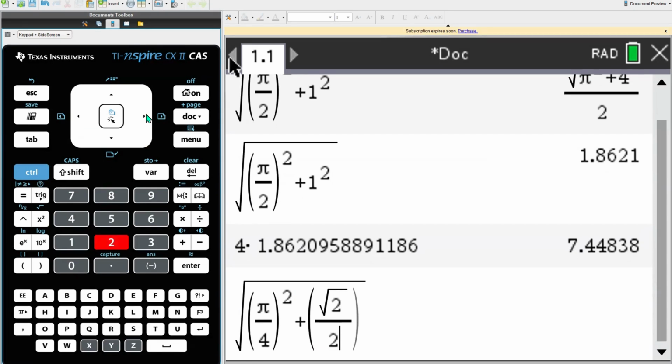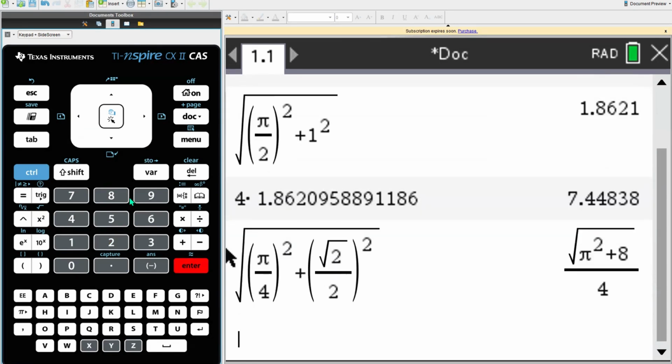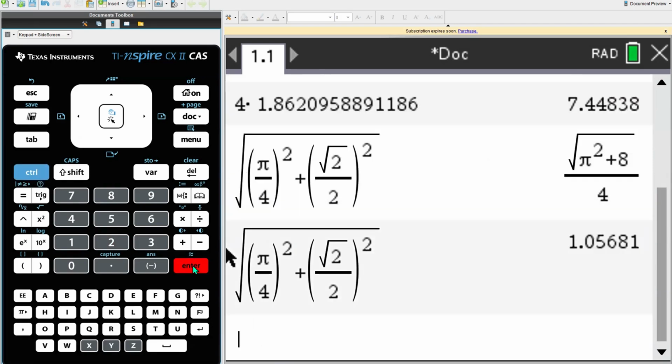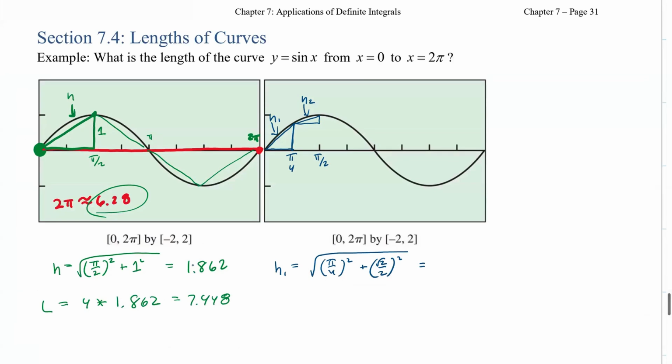And of course, we'll need to square that as well. All right. Now I want the decimal approximation. 1.057. And then what about H2?